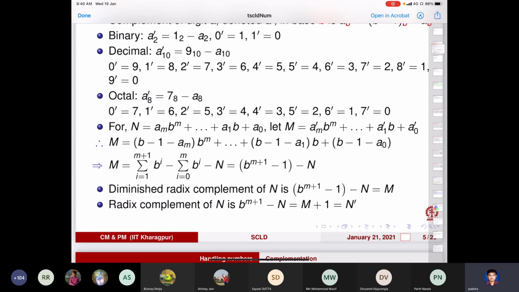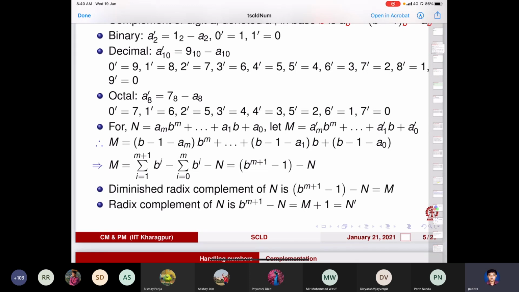So this radix complement is what we call the usual complement. So far I've defined it only for integers, not for the floating point part. Sir, if it comes that we write the complement of it, so sir, we will write m or n dash.